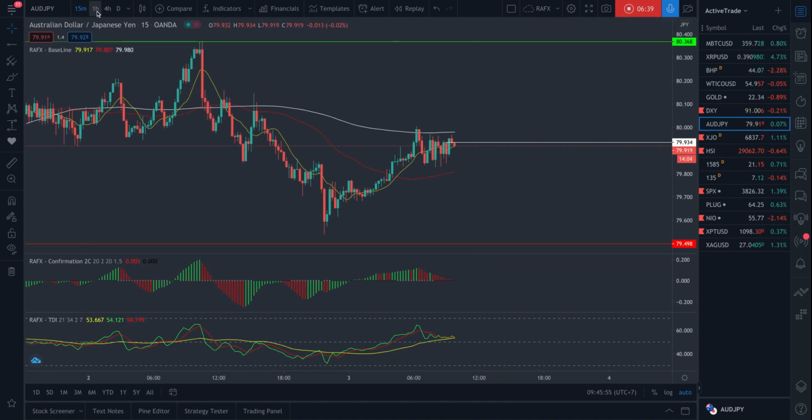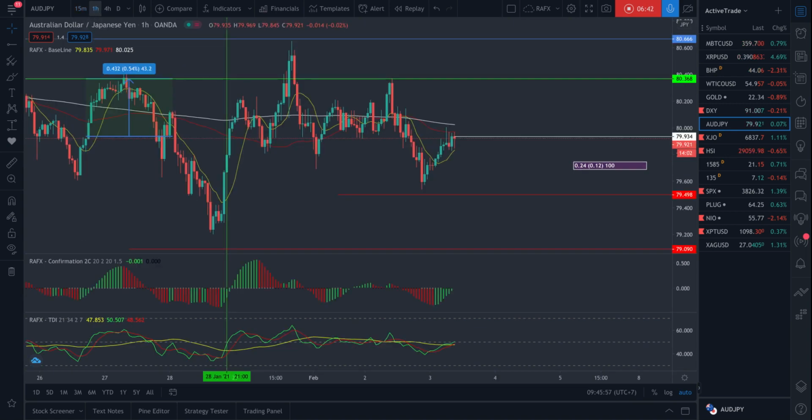The next one I do is to identify the stop loss area. So I usually do two parts of the stop loss. So here is the first layer.